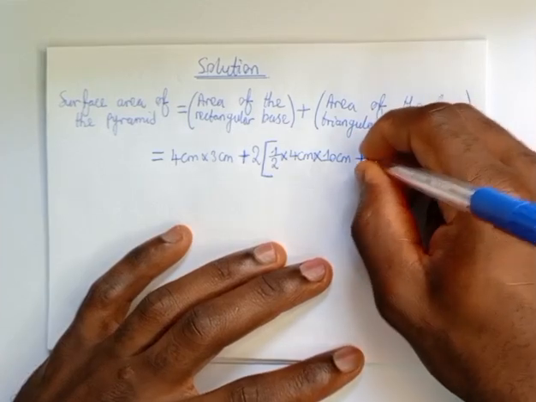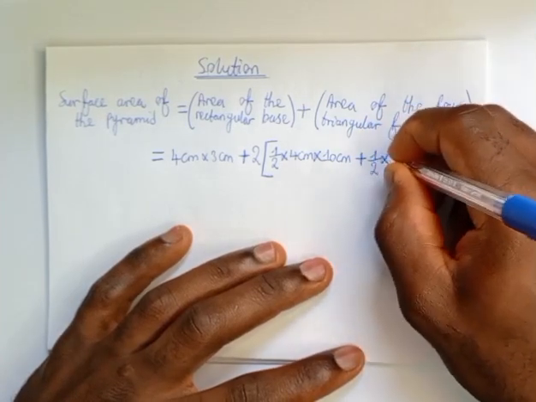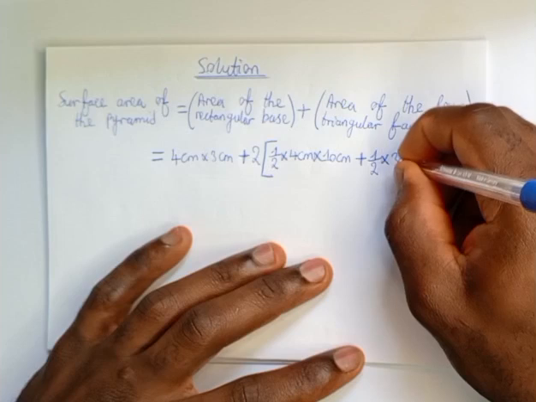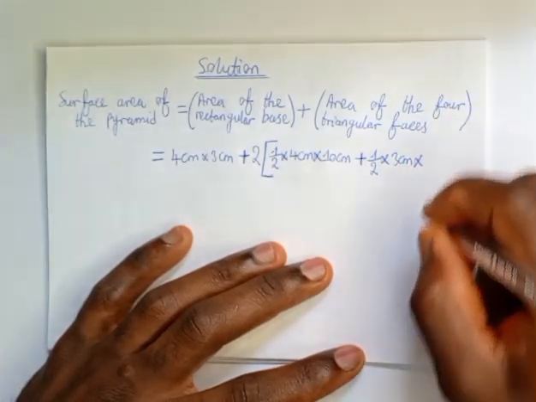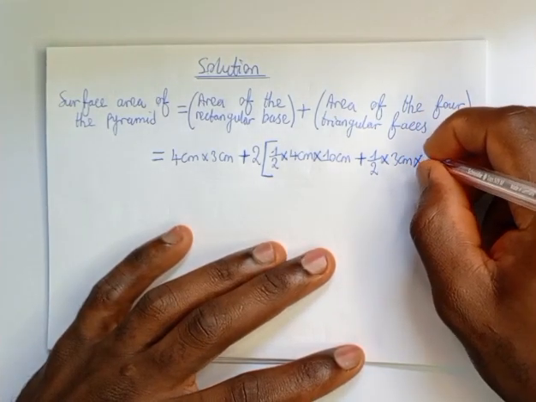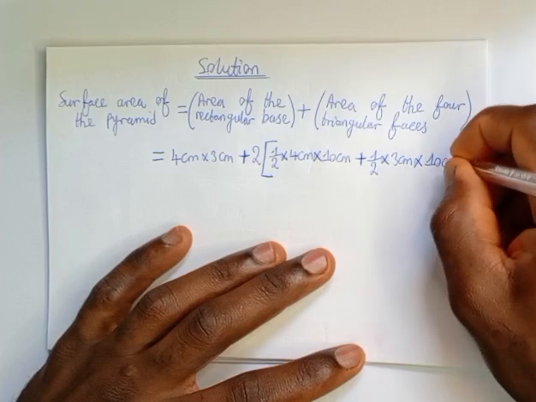We have a half times the base, which is the width, 3 centimeters, times the slanted height, which is 10 centimeters.